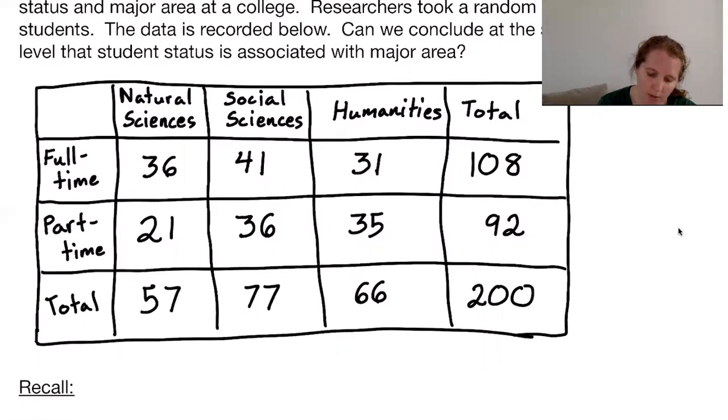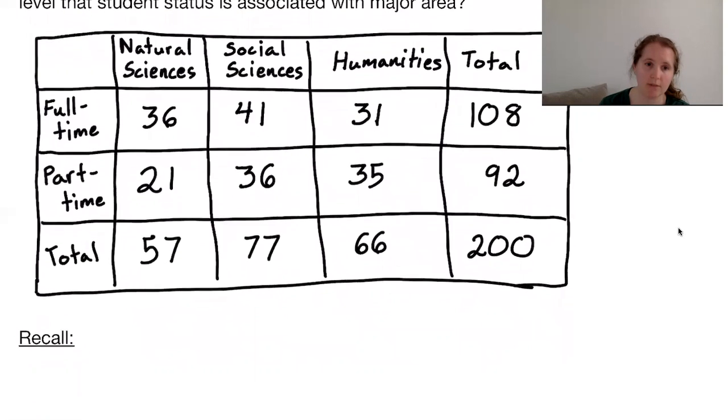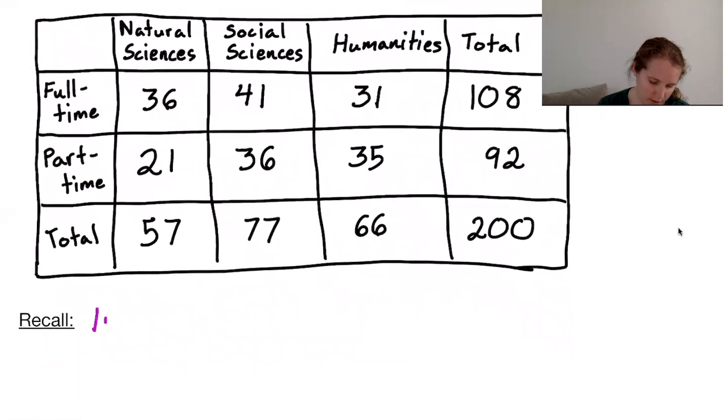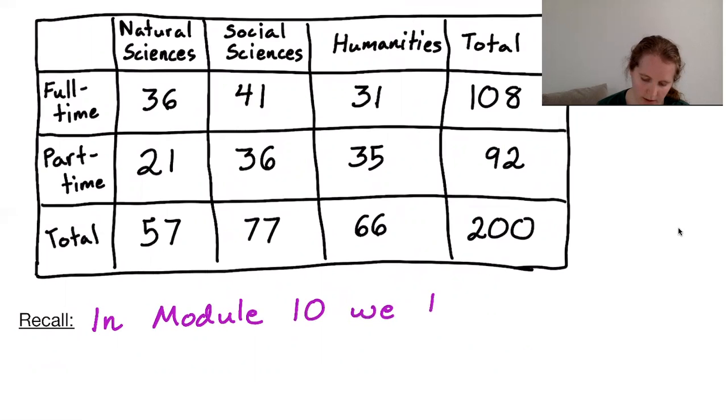Recall, we've seen these sorts of questions before. Back in module 10, where we first saw two-way tables, we talked about checking to see if two categorical variables were associated.